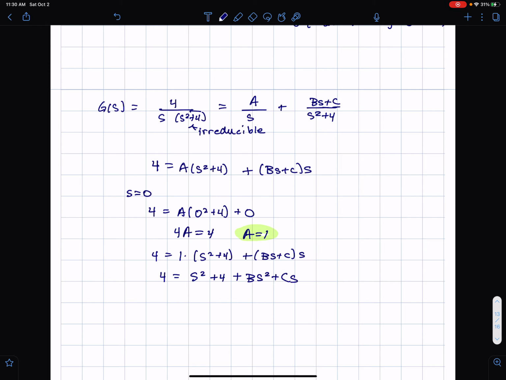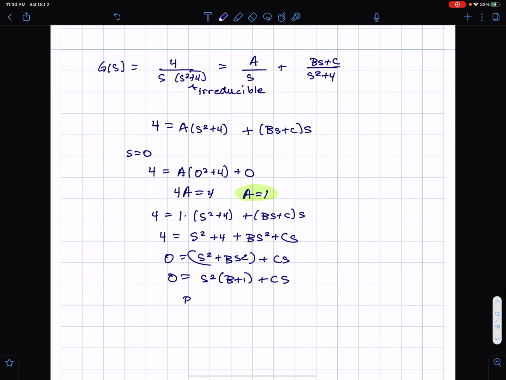That's sort of what I was doing before. Okay, so the 4's cancel out on both sides. And we get 0 equals s squared plus Bs squared plus Cs. So apparently then 0 equals s squared times B plus 1, plus Cs.